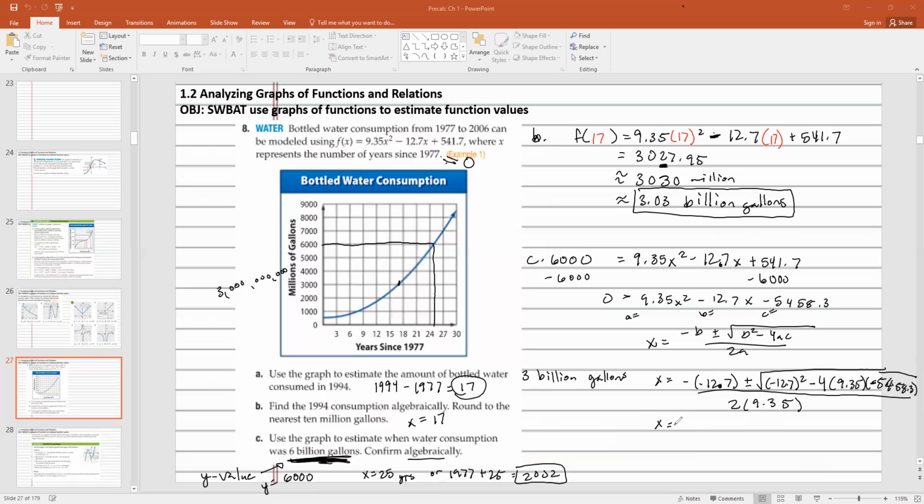Now here, just calculate it. Just use your calculator for this one. I'm going to pause it and you try to get the same answer as well.